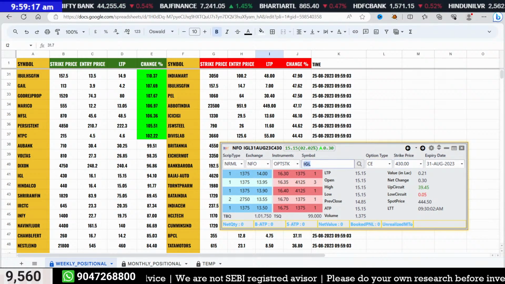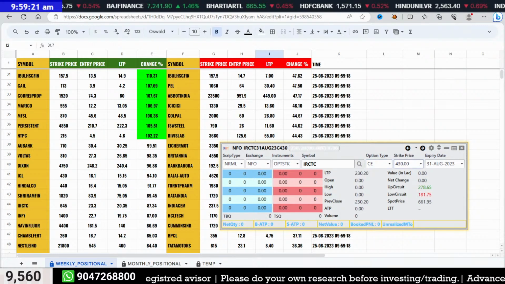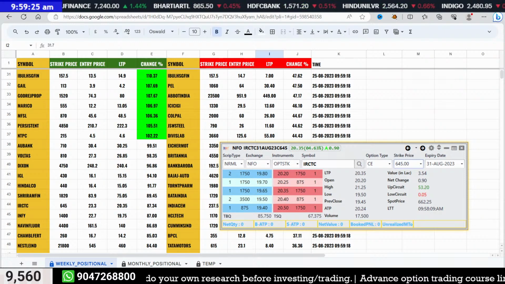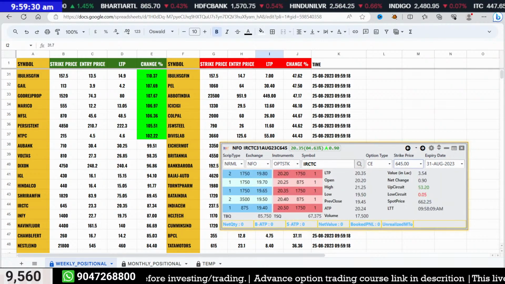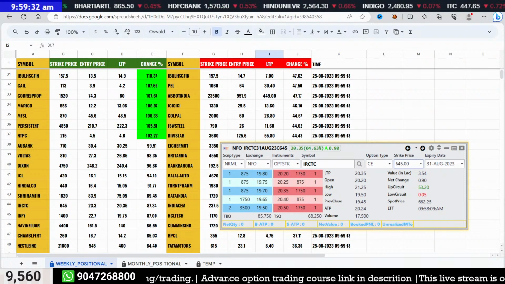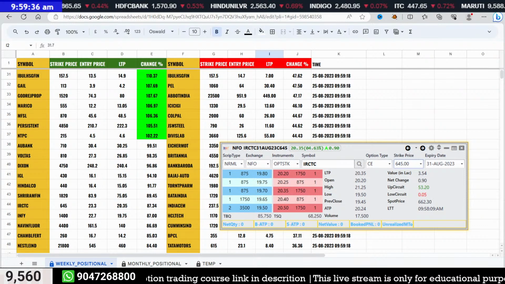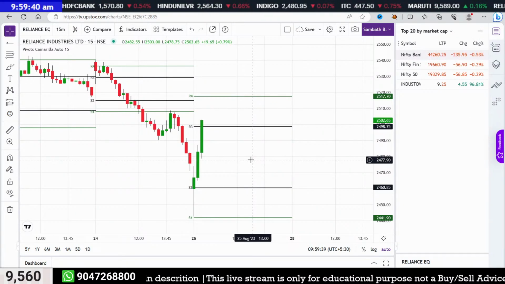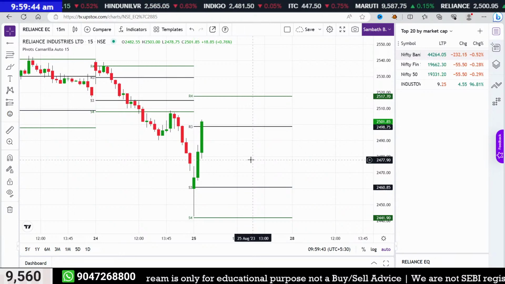And IRCTC, the perfect stock, and strike price is around 645, 19.8, 20.1, 17,500, and lot size around 875. And currently trading at 20. So maybe if it gives you a breakout opportunity around 23.3, we can focus on it for intraday. And slight recovery, and Reliance also recovered from the bottom.